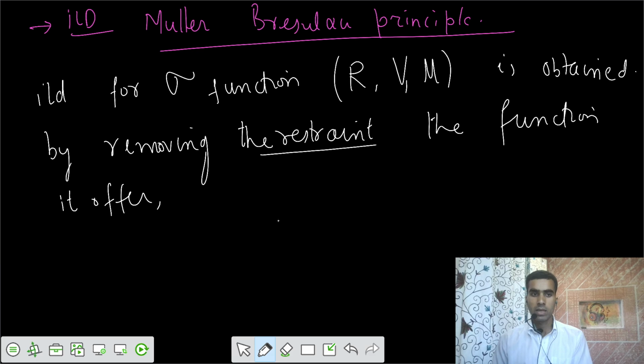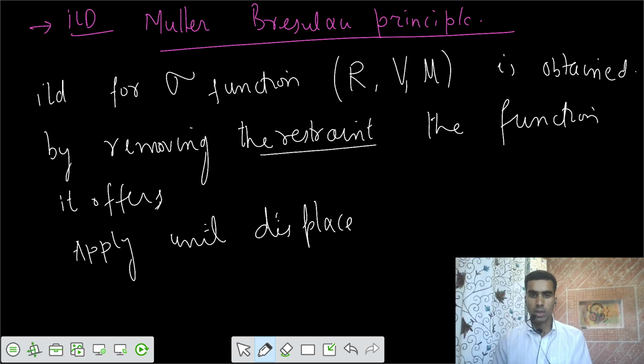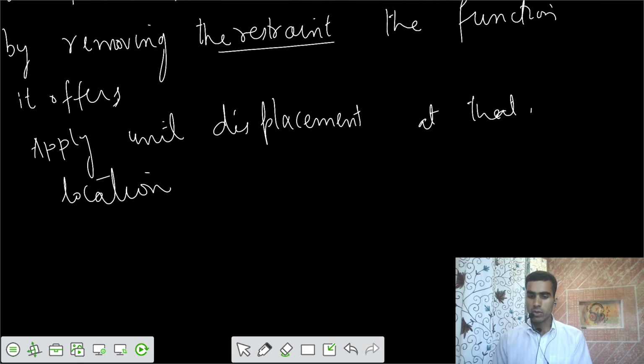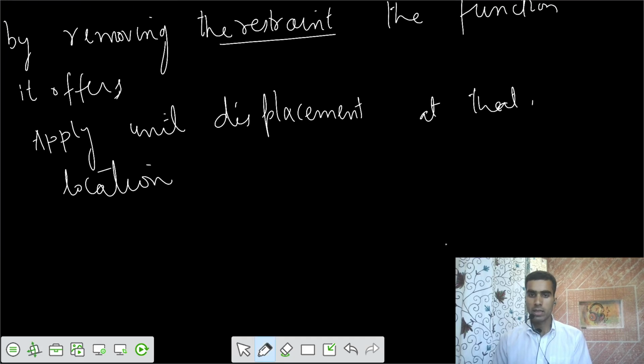Then after that, you apply a unit displacement at that section, at that location, and in the direction of that function.